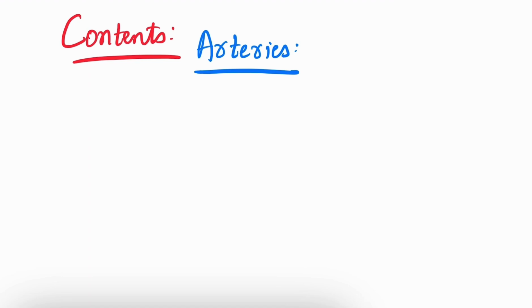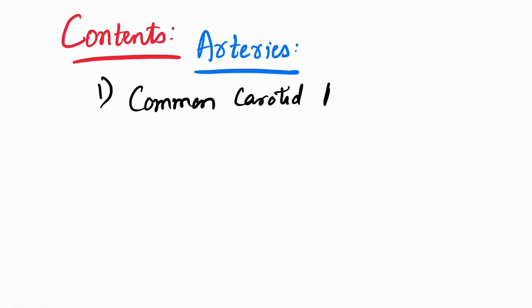The most important one is the common carotid artery. Because of the presence of the common carotid artery and its bifurcating branches into the internal and external carotid artery, this triangle is also known as the carotid triangle.